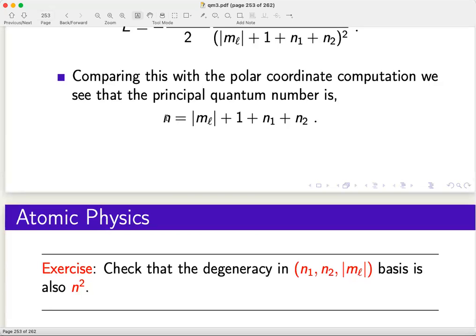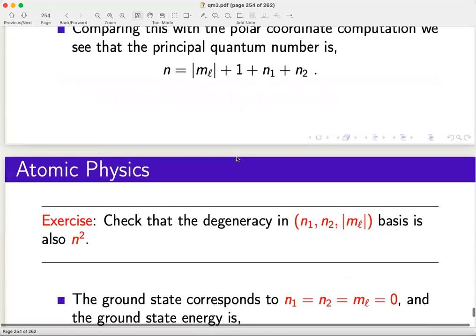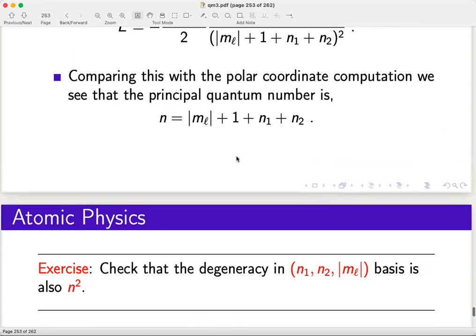That was obvious in the spherical polar coordinate system. What you need to show in this exercise is that if you write it in terms of n1, n2, and ml, the degeneracy continues to be n squared. That's an interesting exercise. Any questions at this point?